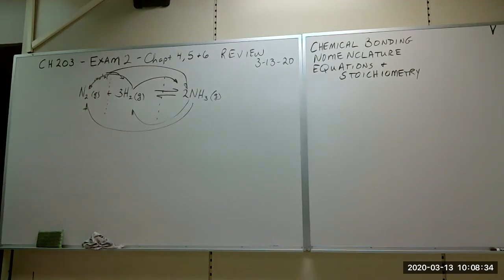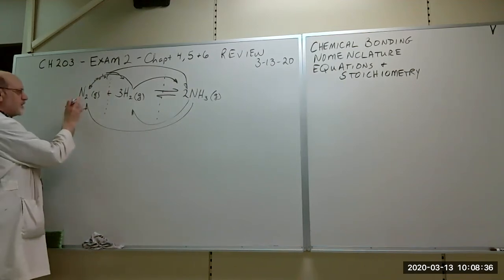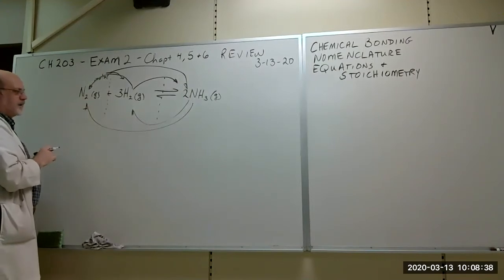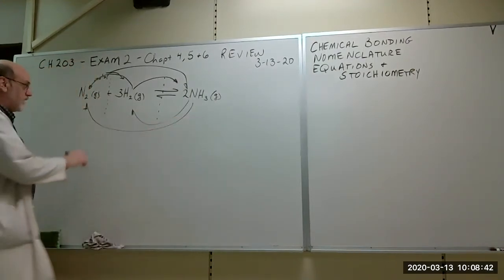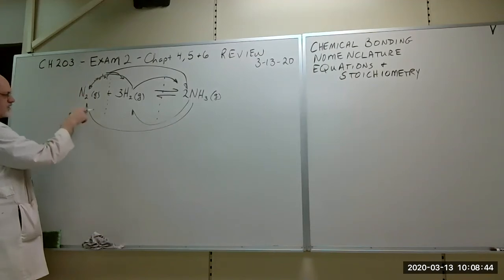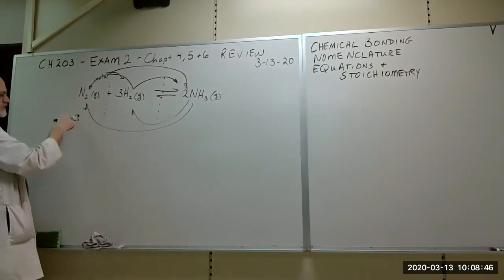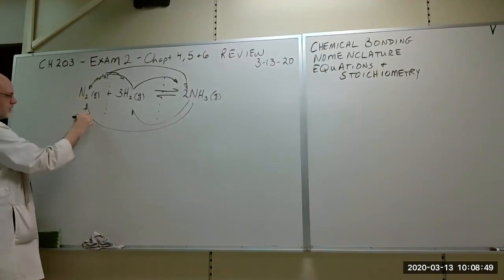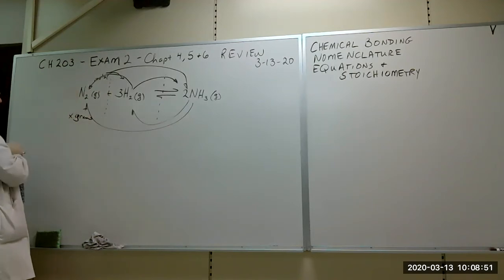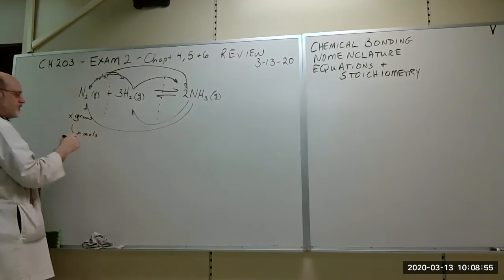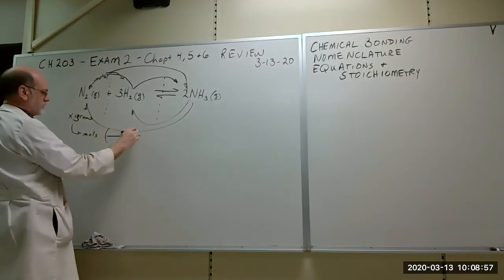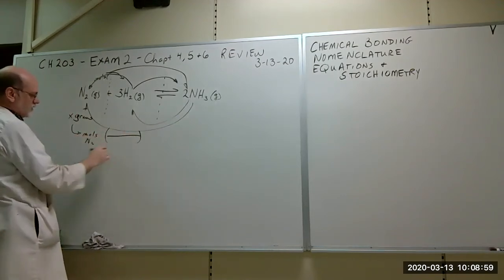If the question says you have so many grams of this one, and you want to know how many grams of that one, right? If you have grams, so it's a different G than that. That's gas. This is grams. If you have so many grams of this one, then you got to make moles of this one. Then you can use your conversion factor, moles of nitrogen.